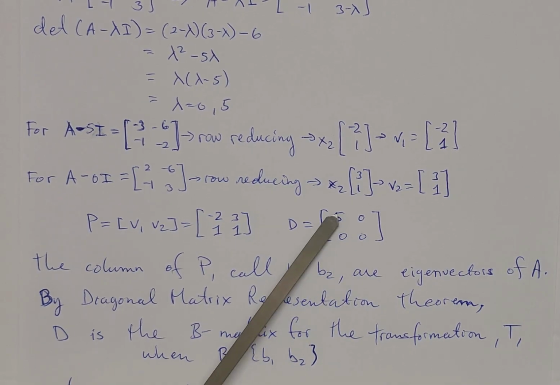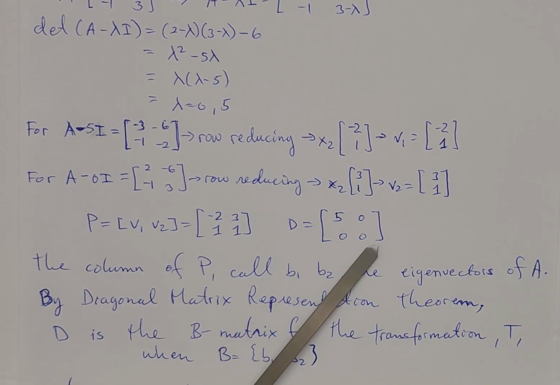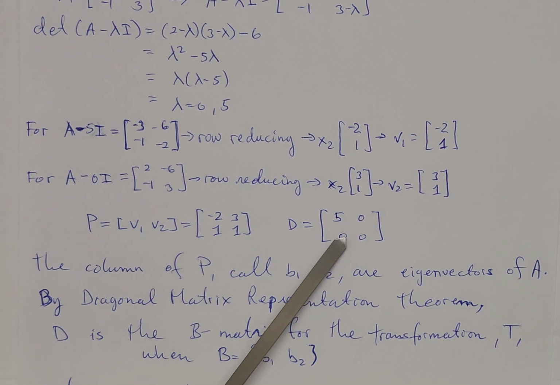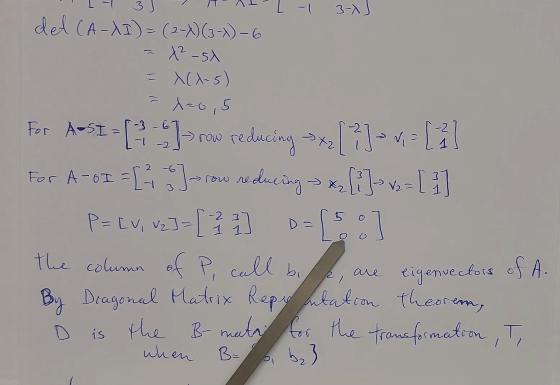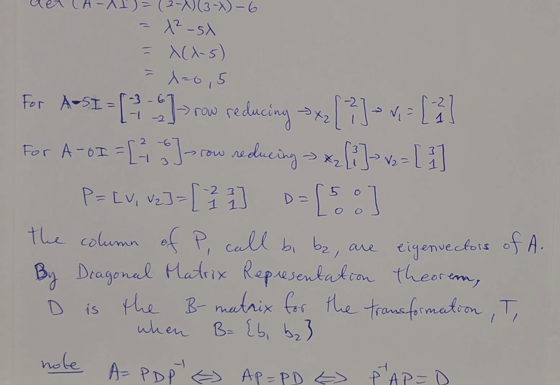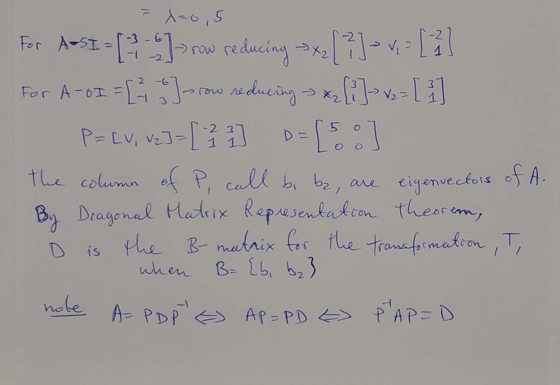Just put them on the diagonal, and these right here are our 0s. And if you remember, this version here and this last one, all three of these have the same solutions, just written in different formats.